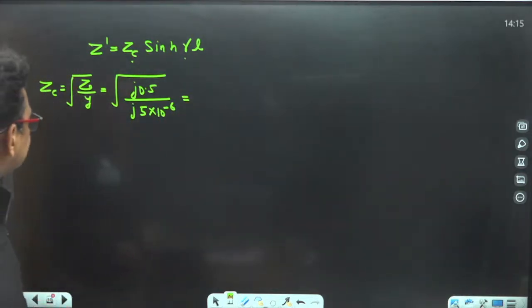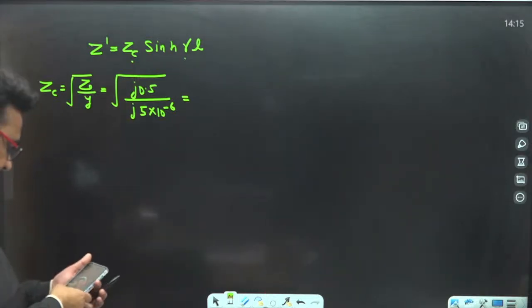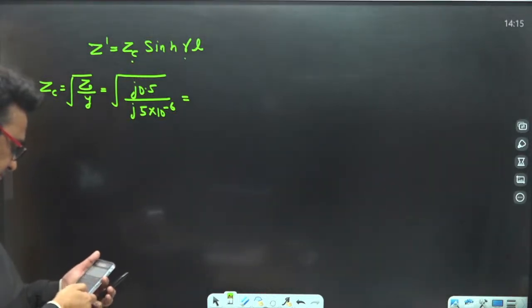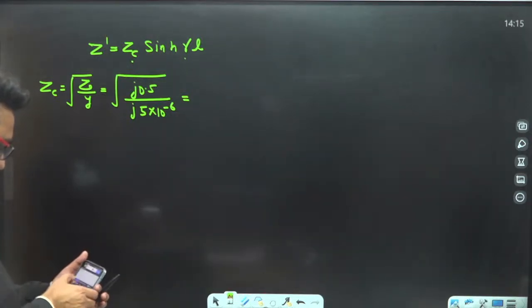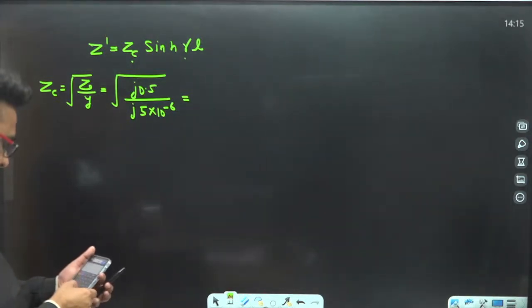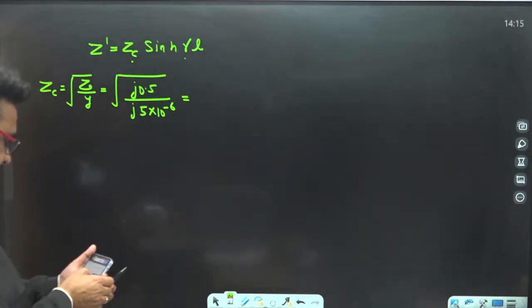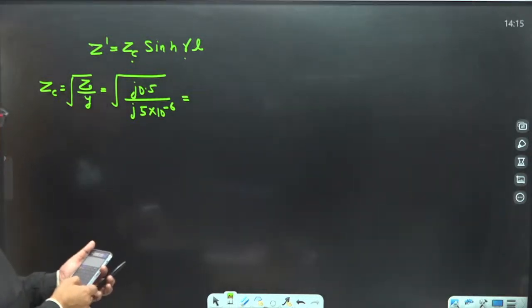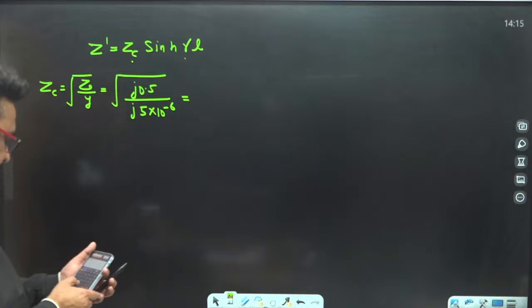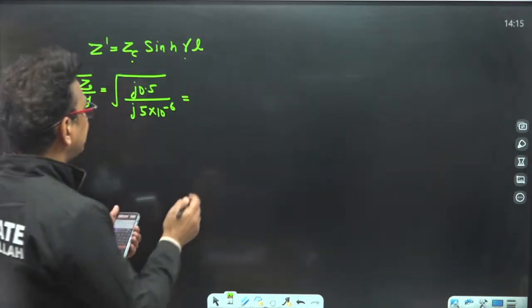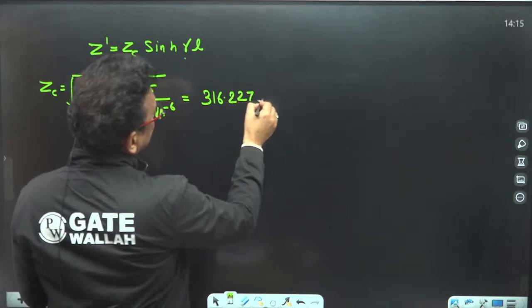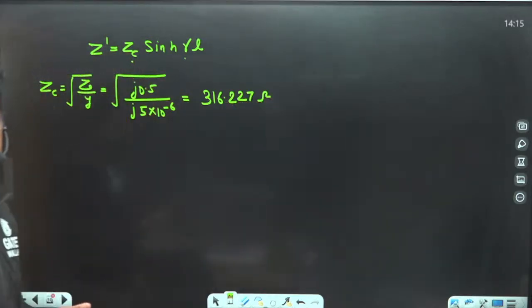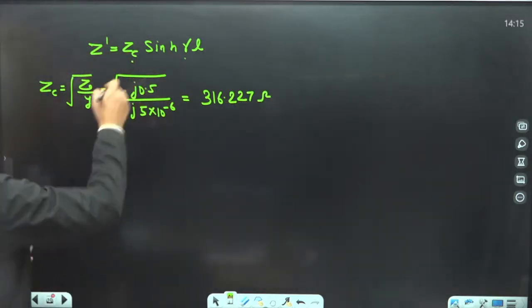So the square root of 0.5 into 10 raised to the power 6 divided by 5, which is 316.227 ohm.